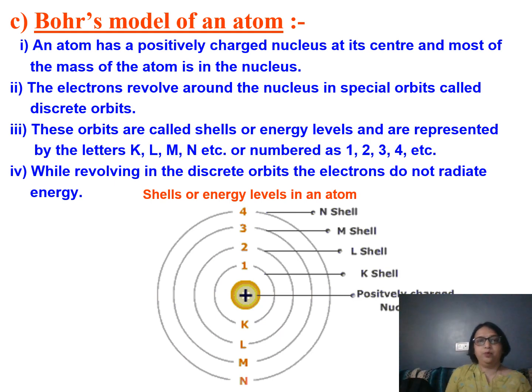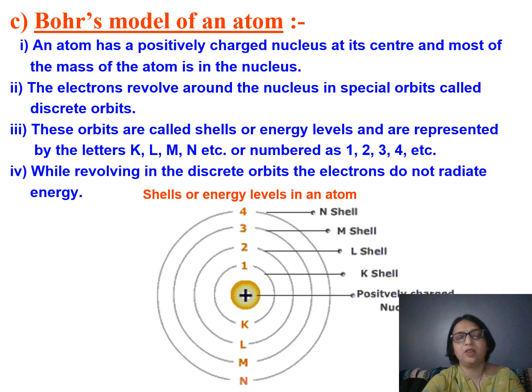Again, Niels Bohr gave a model of an atom. As per the Bohr model, he said that the atom has a positively charged nucleus at its center, and most of the mass of an atom is in the nucleus. The electrons revolve around the nucleus in special orbits called discrete orbits.